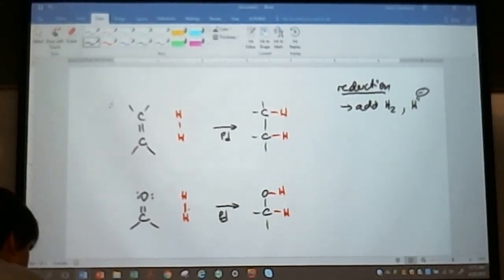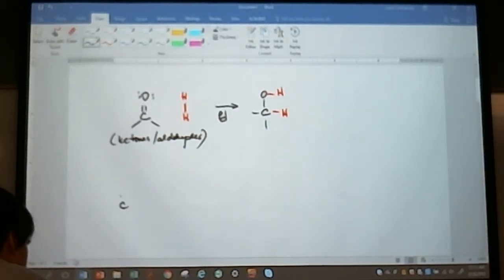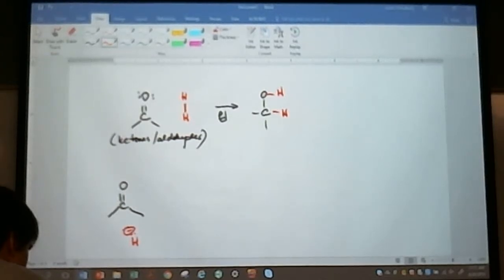Now this particular one only works with ketones or aldehydes, not with carboxylic acids, not with esters, but only for ketones and aldehydes. If you wanted to reduce, let's say an ester or an acid chloride, or a ketone or an aldehyde, an alternative would be to come in with a hydride ion. Because your hydride ion would use these two electrons to attack.